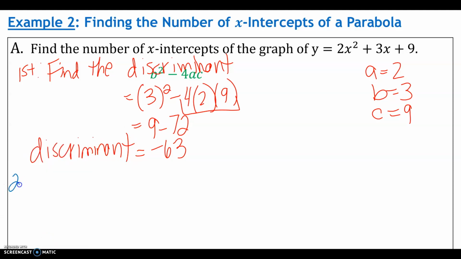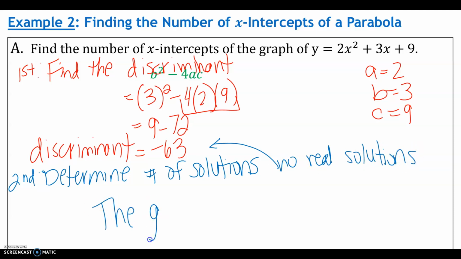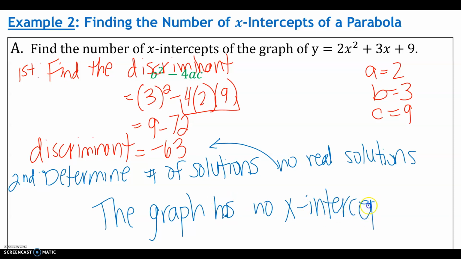Now, step 2 will be to determine the number of solutions. So, as you just did, because our discriminant is a negative, we're going to have no real solutions, which means the graph has no x-intercepts.